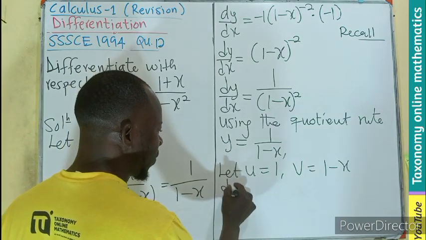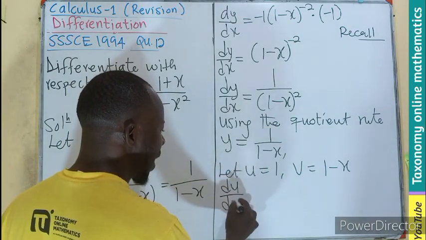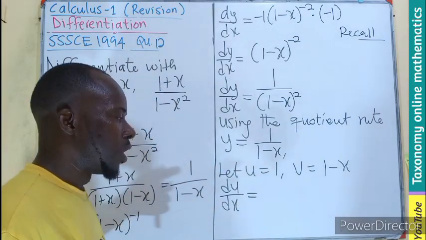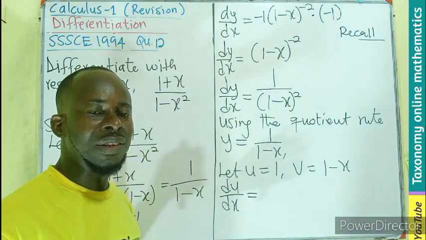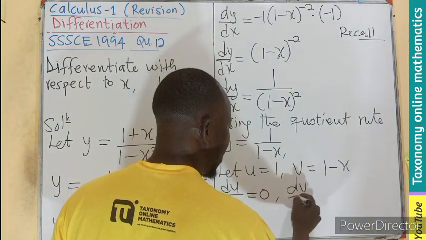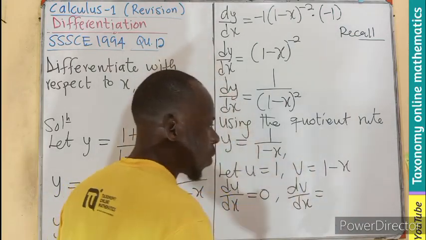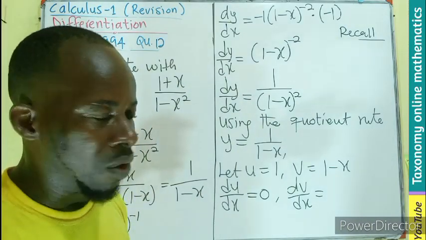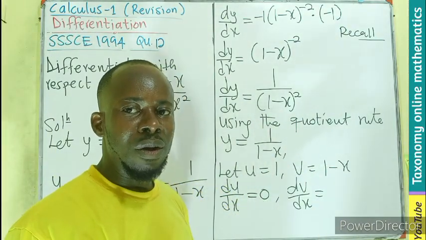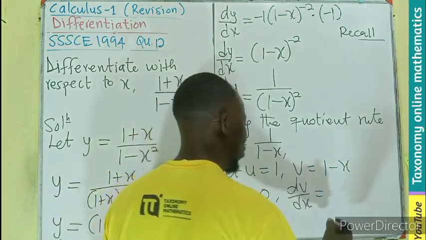In the case of u, du/dx is 0, since we differentiate a constant. For v, dv/dx: differentiate the constant, get 0, differentiate minus x, you get minus 1.